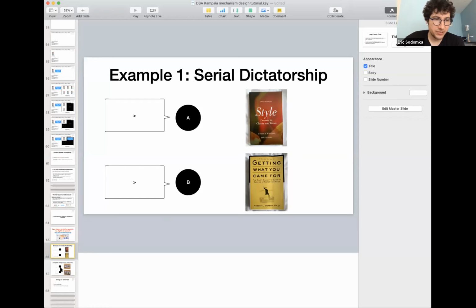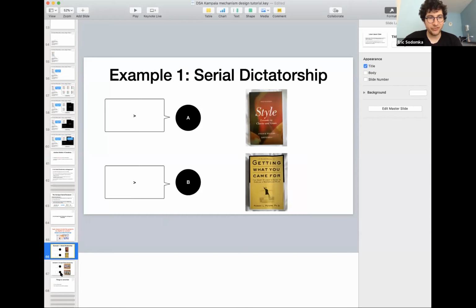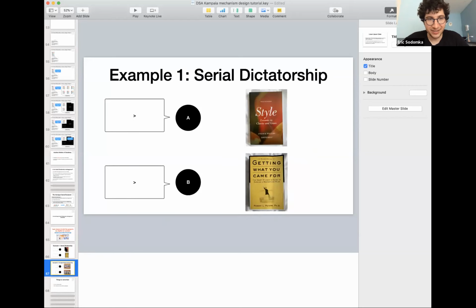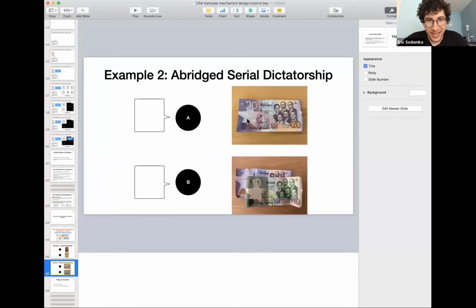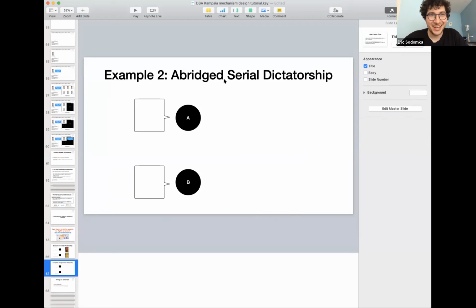But now let's go to this abridged serial dictatorship. To simplify this, we are going to use money instead of books. This is out of date, I suppose. This is from Ghana last year. We're going to use World Remit, and I'm going to do this live.